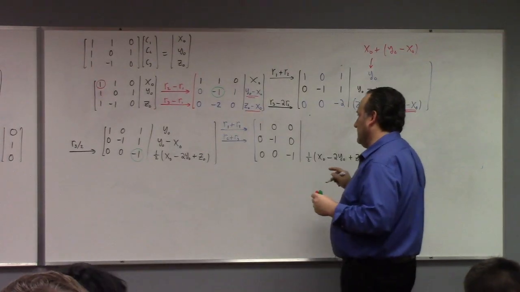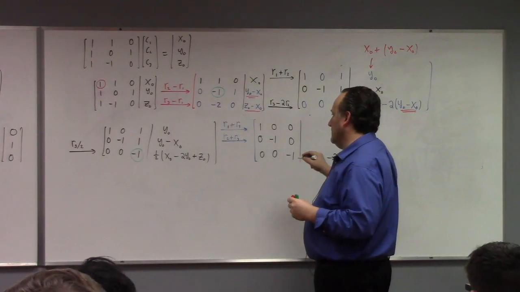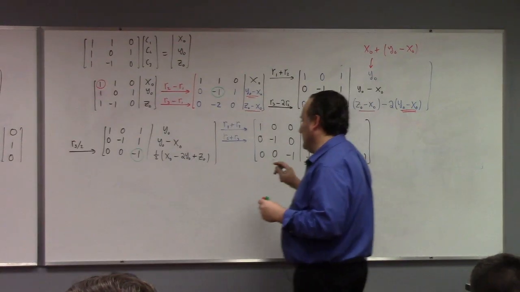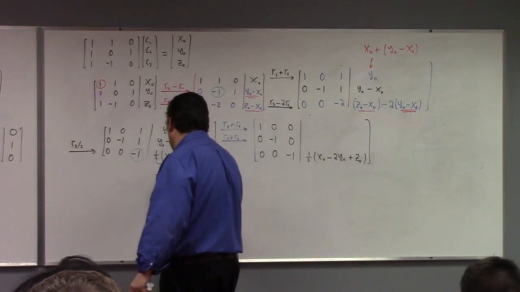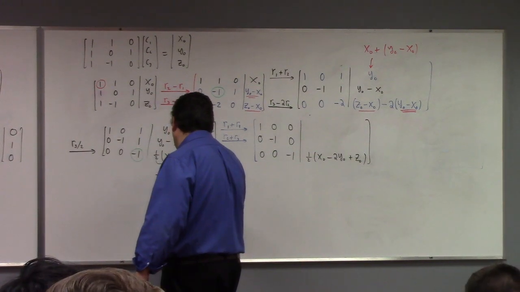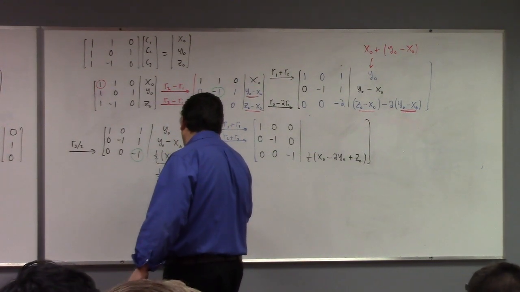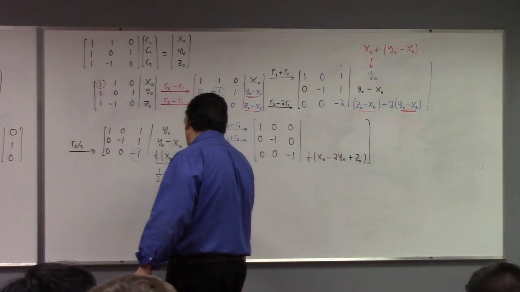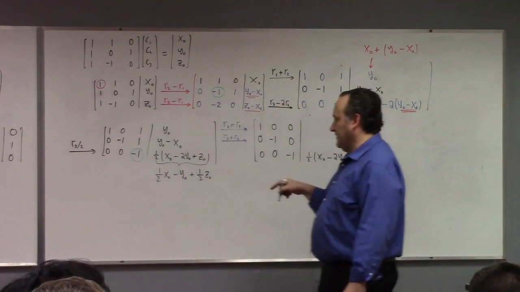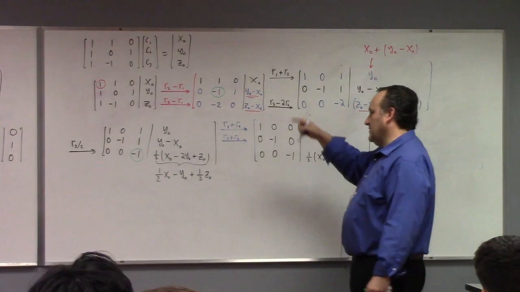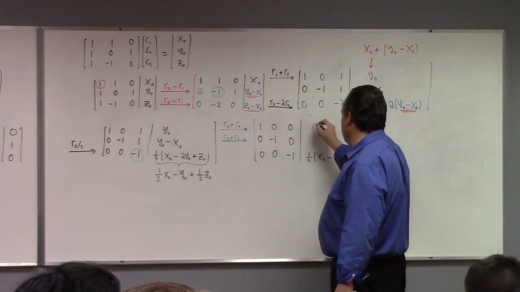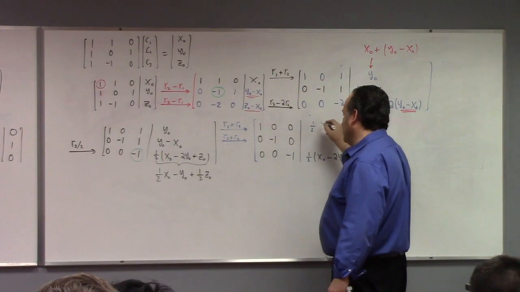And row 1 plus row 3, maybe it's helpful to also write this as 1/2 x naught minus y naught plus 1/2 z naught. If we look at it like that, it's helpful as we add it to row 1, because then you can see the y naughts are canceling and you've got 1/2 x naught plus z naught.